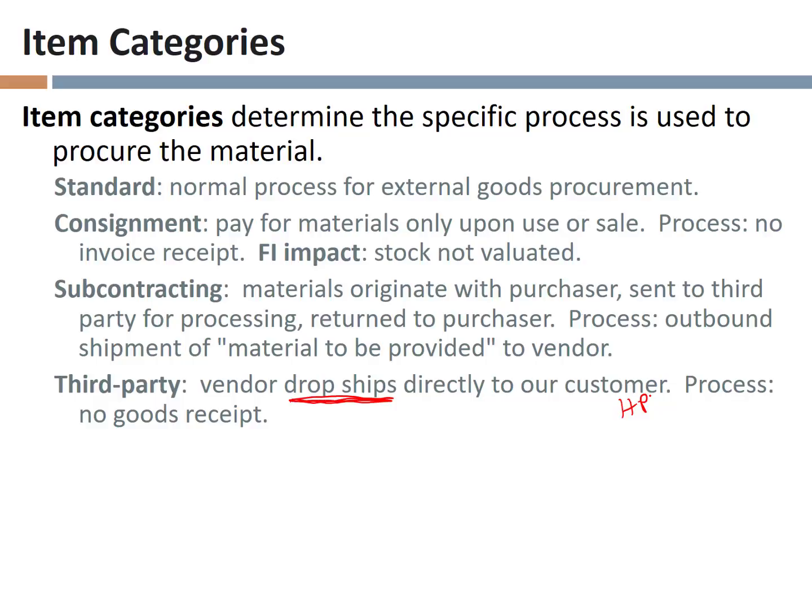And so if a customer comes to my website and orders an HP Model 127 printer, they pay me, I collect their money, I contact HP, and I say, HP, put an HP 127 in a box and ship it to Bob Smith on 112 Elm Street in Johnson City, Tennessee.